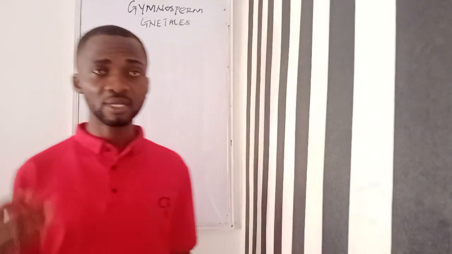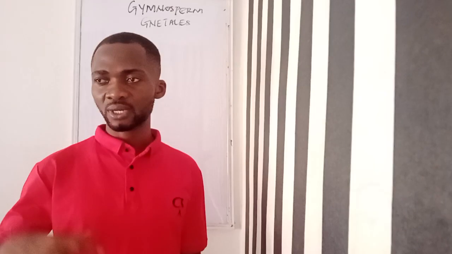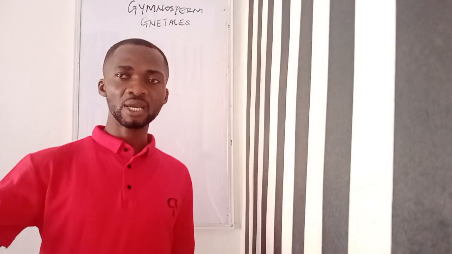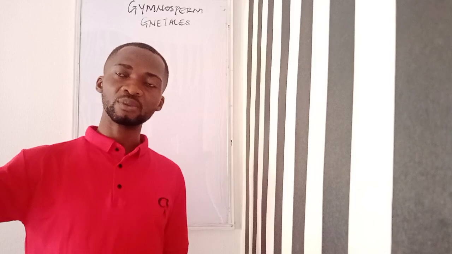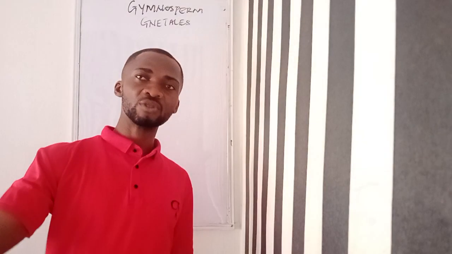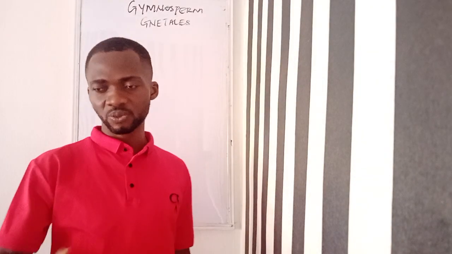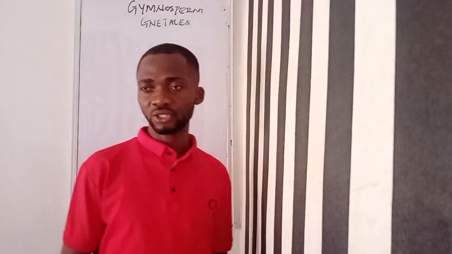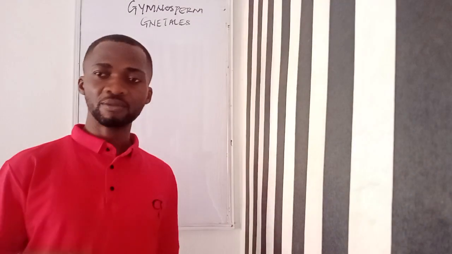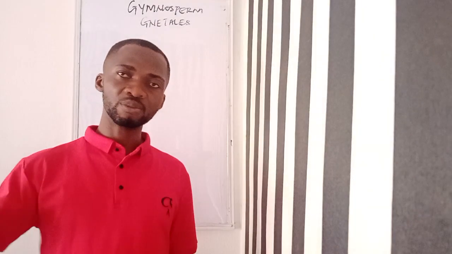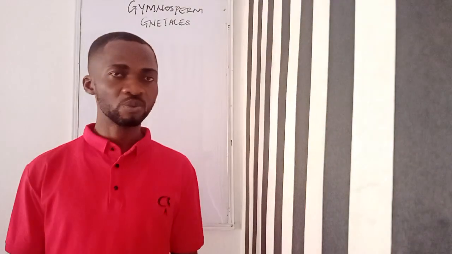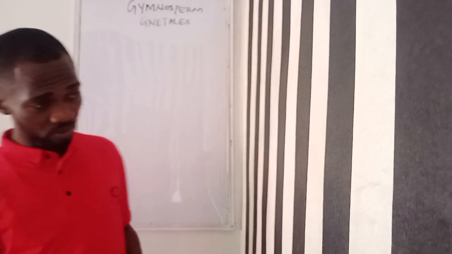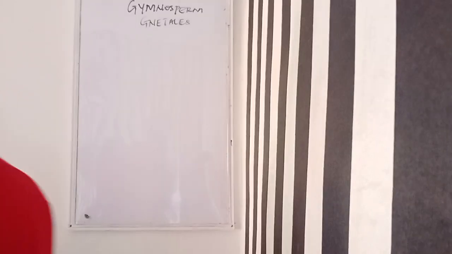I'm just using this as an example. I actually don't know how it works there, but I'm just trying to say that individuals within the borderline will of course have some link with individuals from the other group. So this is what happens in the case of gymnosperm. The fact that they're the most advanced group makes them have some similarities with the next group of plants, which is the angiosperm. So we want to look at those similarities.